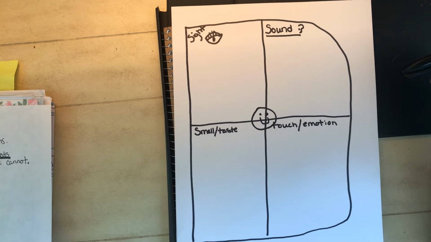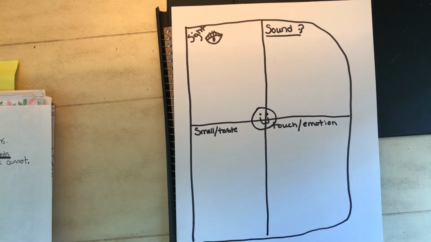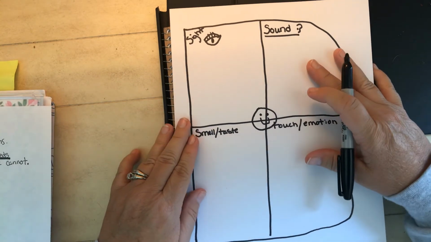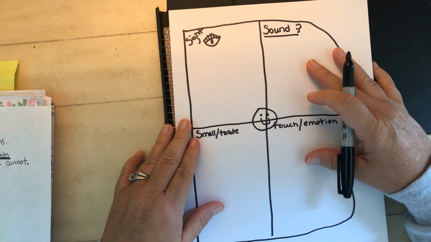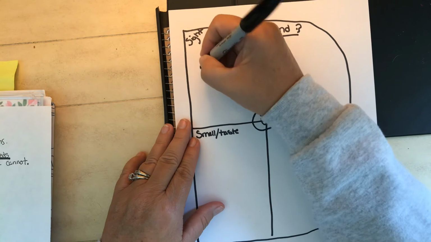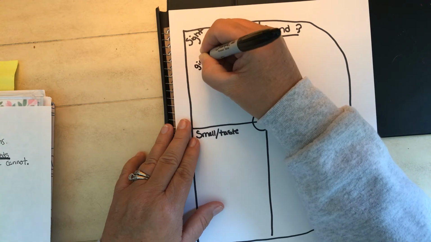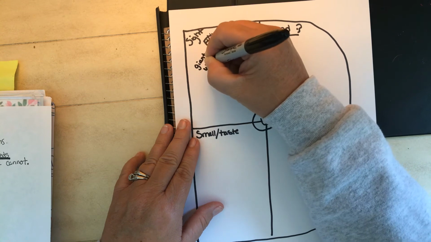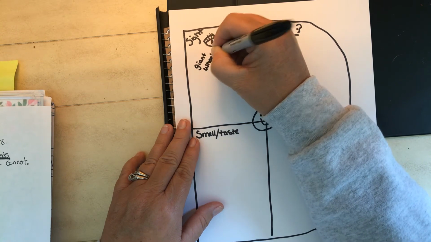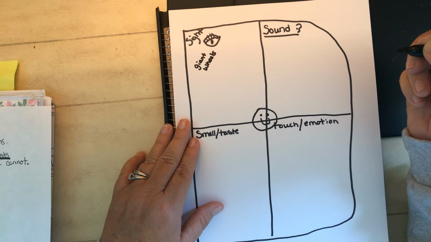All right, so my Yippery Zippery Zappery Zoo. What might I see if I'm looking at my Yippery Zippery Zappery Zoo? So I might see giant wheels. So I'm going to write giant wheels. Sound. What might I hear?